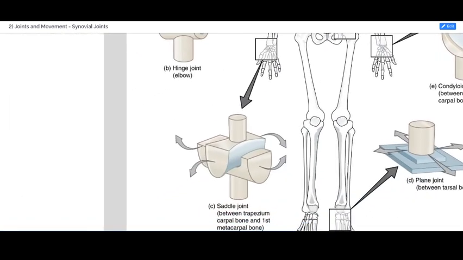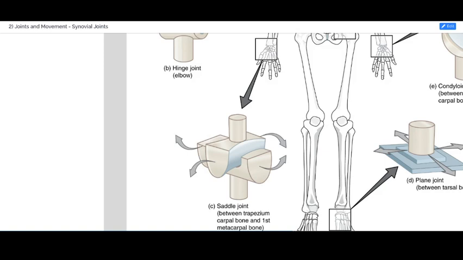The second example of a biaxial joint is really just a variation on the condyloid joint. It's called the saddle joint, and it moves back and forth and side to side, but in both directions pretty much equally.